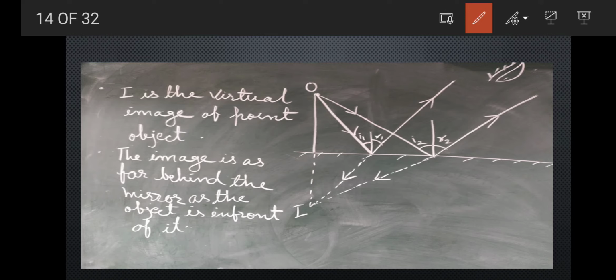So first this is O, this one is I, this one is the point object O. As I have done here, where I have drawn the complete line, you will draw the complete line. Where I have drawn the incomplete line, you will draw the incomplete line, and then you will write here that I is the virtual image of the point object. And the second point: the image is as far behind the mirror as the object is in front of it. Okay.